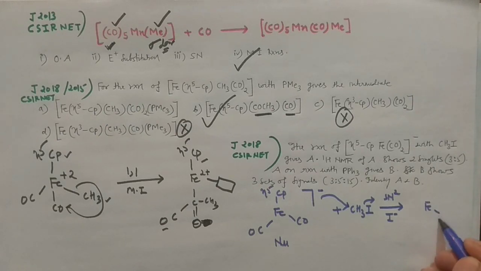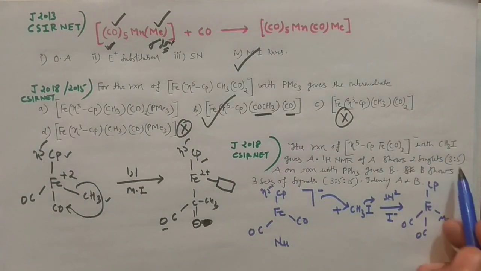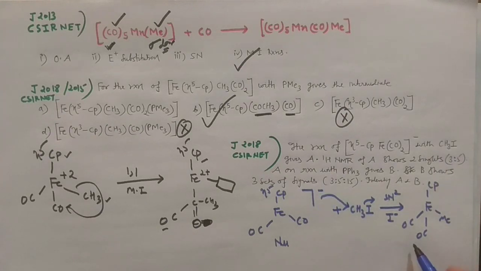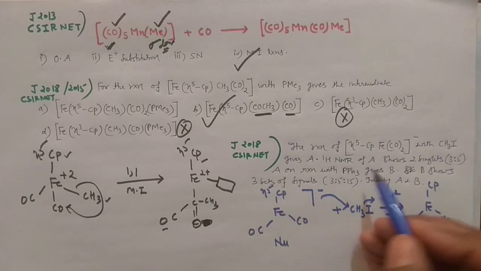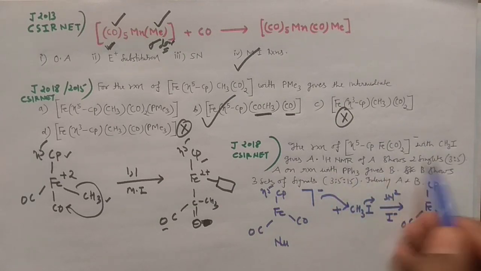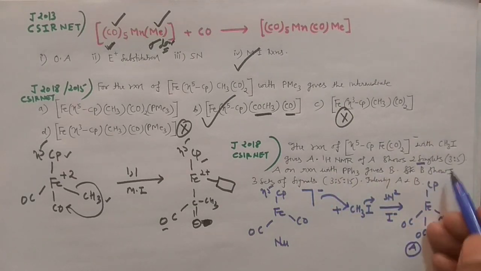Fe, Me, that is CH3, this is Cp, and this is CO, this is another CO. So this is the product A, and it says the NMR spectrum of A shows two singlets, in the ratio 3:5.